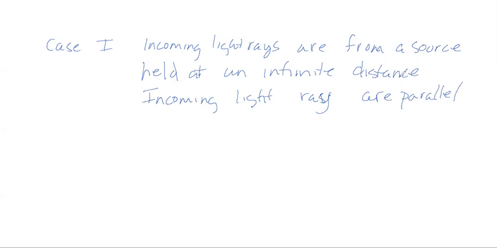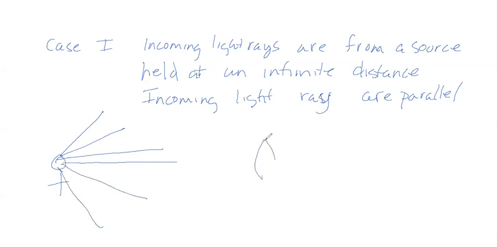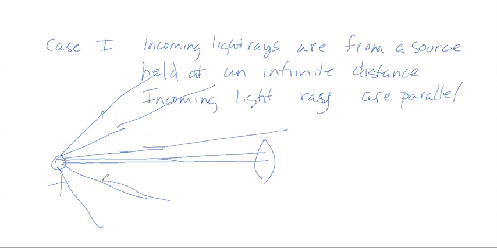Well, obviously the source is not at an infinite distance, but the source is going to be far enough away so that all the incoming light rays are parallel. So if we have Johnny here, light rays are going off in all directions, and if my lens is far enough, I will have missed all these light rays that go in weird directions.